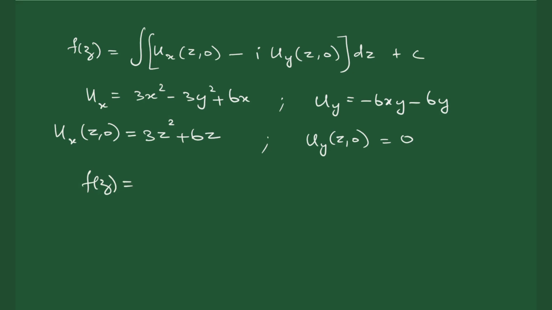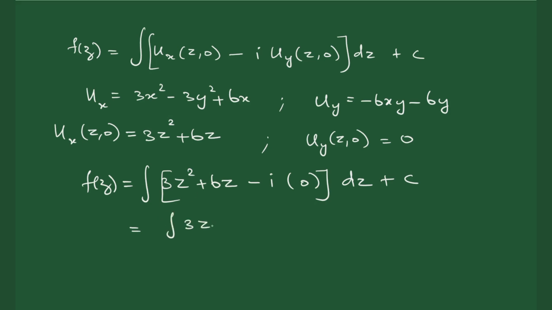So f of z is equal to the integral of 3z square plus 6z minus i into 0. Minus i into 0 becomes 0, and then we integrate with respect to z, plus c. So this is simply the integration of 3z square plus 6z dz.